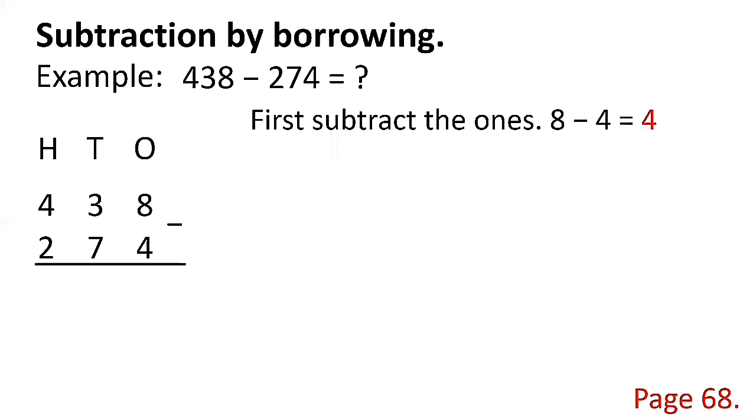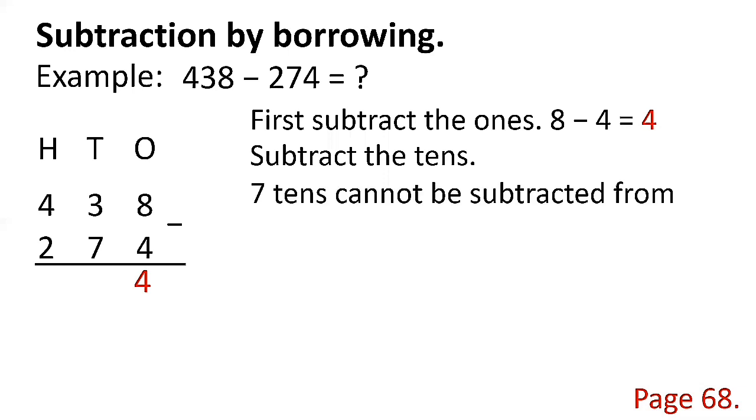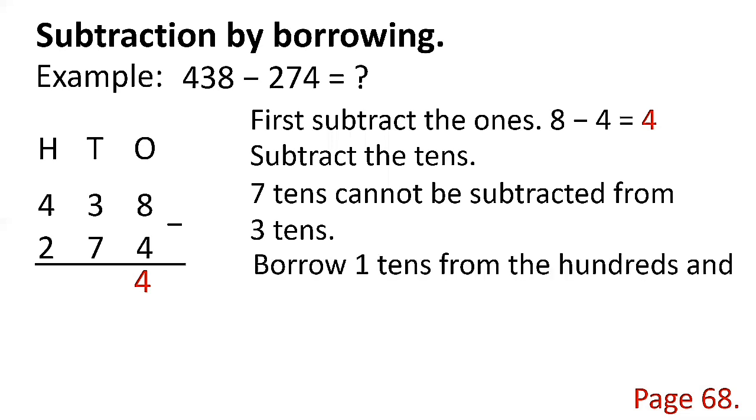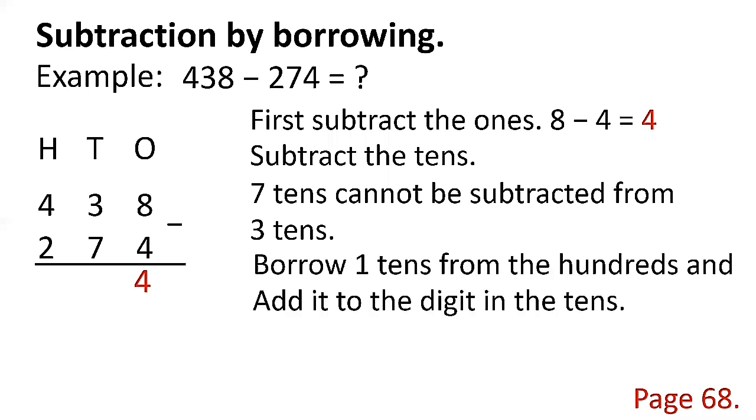First, subtract the ones. 8 minus 4, that is 4. And subtract the tens. 7 tens cannot be subtracted from 3 tens. So borrow 1 tens from the hundreds and add it to the digit in the tens. Okay, so cancel 4 becomes 3.